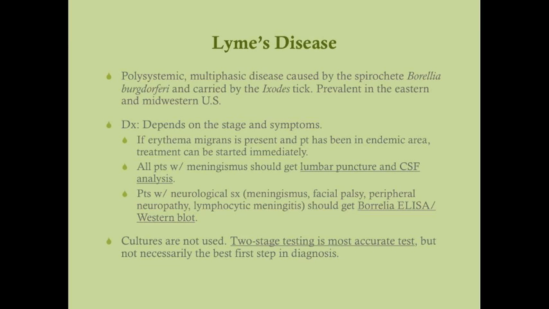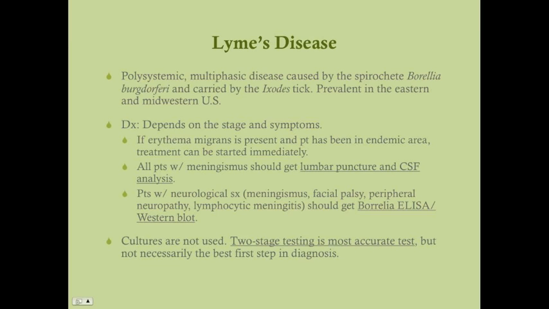Some physicians will perform it in hospitals or clinics, but it is not the most accurate test, nor is it the best initial test ever. So that should be kept in mind. But if it's the only choice you're given on the USMLE, if you're not given Borrelia ELISA or Western blot, and the patient doesn't fit into any of these categories, then you can go ahead and answer that.